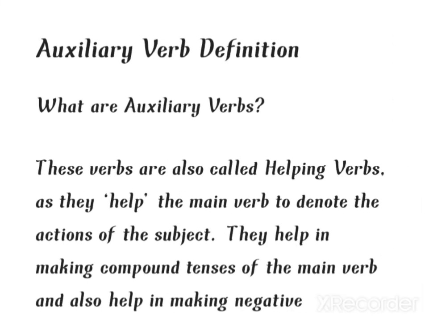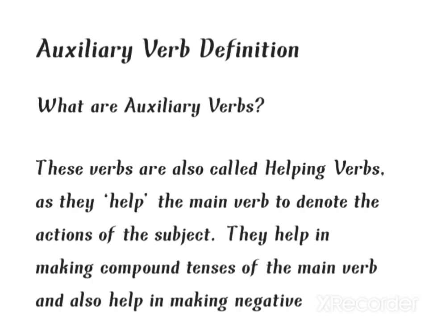Let us see the definition in detail. As I told you earlier, helping verbs are also known as auxiliary verbs. Let us see the definition of the auxiliary verb. What are auxiliary verbs? These verbs are also called helping verbs as they help the main verb to denote the action of the subject. Verb means action.